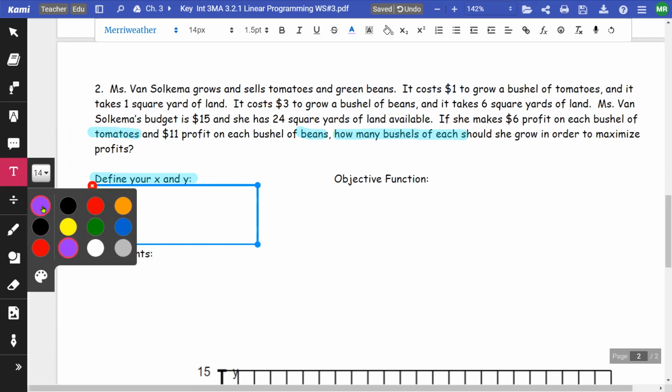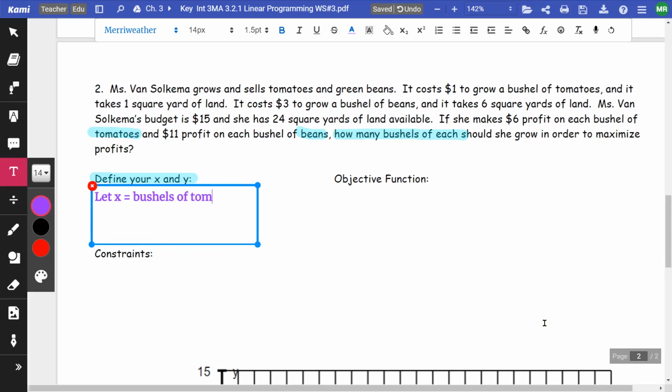Let x equal bushels of tomatoes and let y equal bushels of green beans.